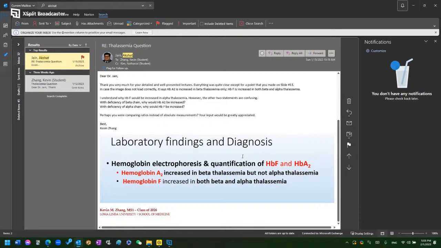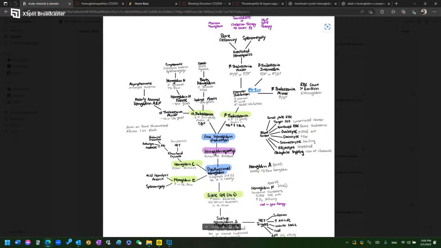So the professor had a slide where he said that hemoglobin F is increased in alpha thalassemia, which is kind of confusing because you're missing quite a bit of alpha, which is needed for both A and F. He essentially said that's a finding that you see, maybe the F is favored over A or A2.